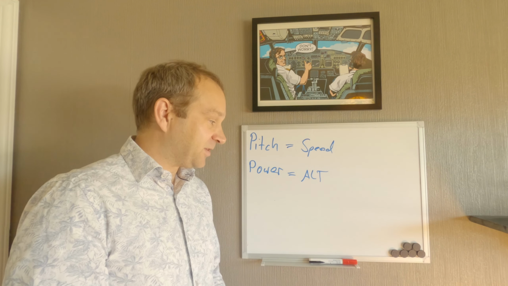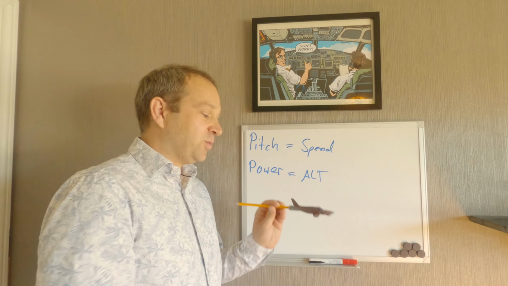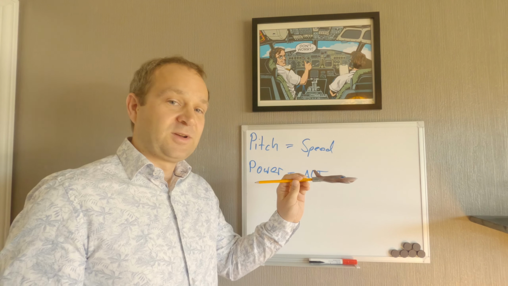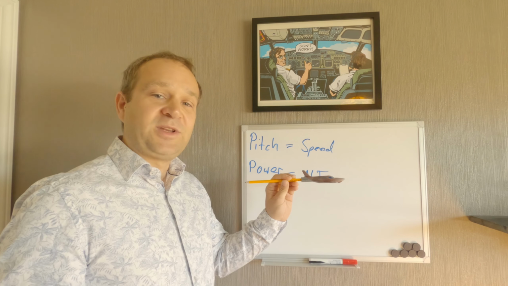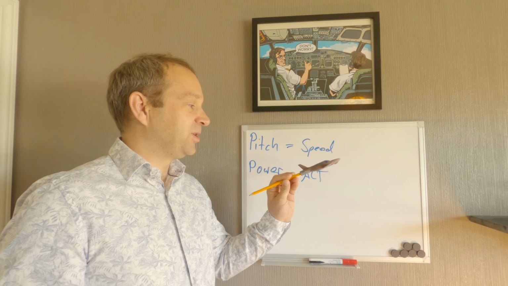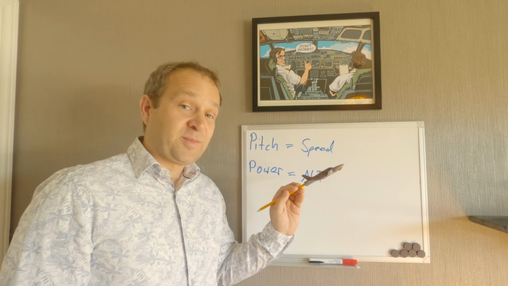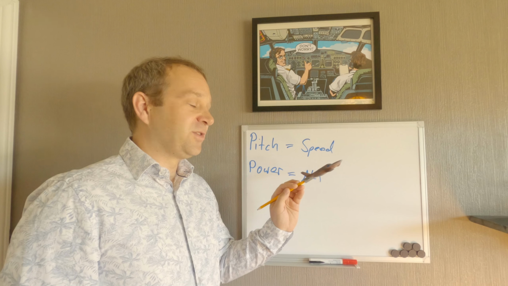So what I mean by this is, let's assume you're flying straight and level at 100 knots, and now you start to pitch up your aircraft. You simply pull the stick, pitch up the aircraft. The main thing that happens now is your aircraft will slow down.